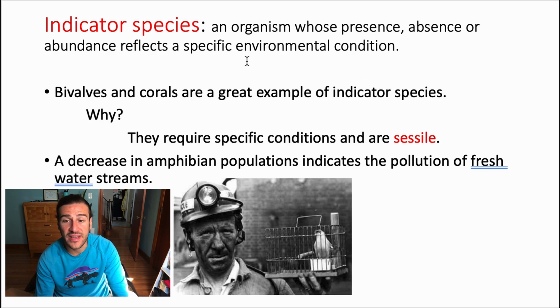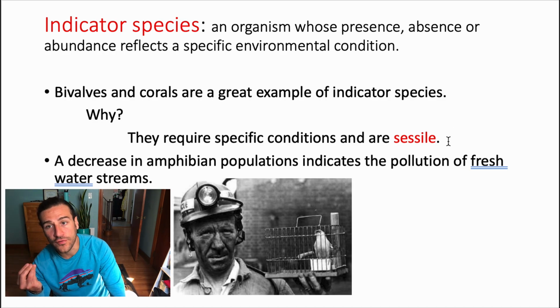So we can look at bivalves, or these shell-producing organisms, as well as corals, as a great example of indicator species because they show the relative acidity of the environment that they're living in. And another thing is that they are sessile. A sessile organism does not move.